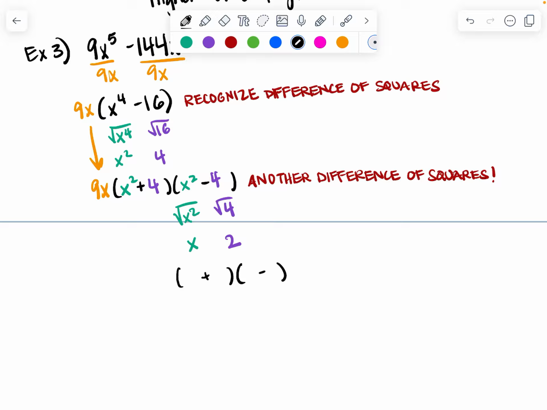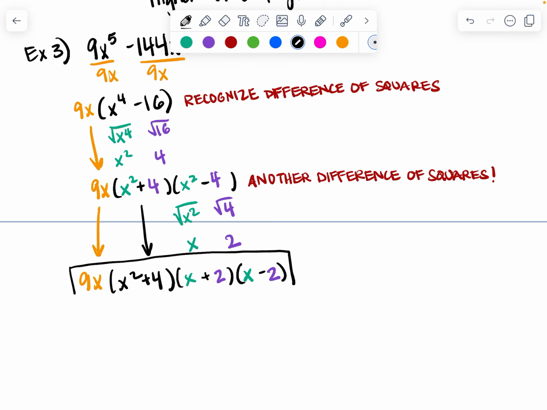And again, you can have subtraction first and then addition second. It doesn't matter which order they're in. This one just comes down, and this comes down. So this is my final factored polynomial. So you'll know you're done when nothing can be factored any further.